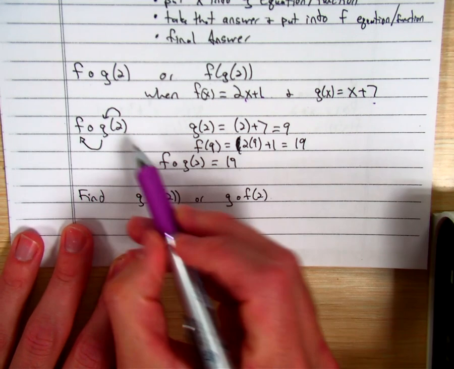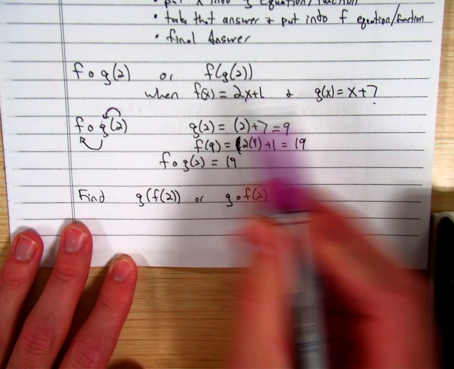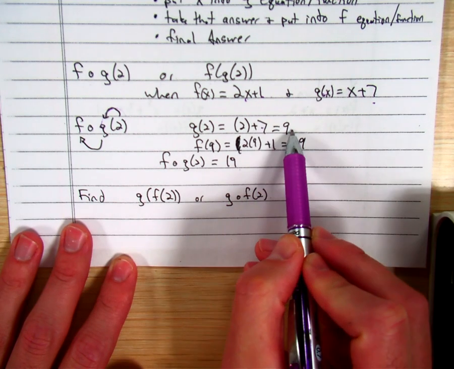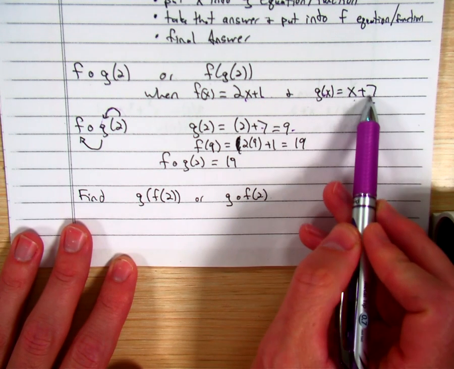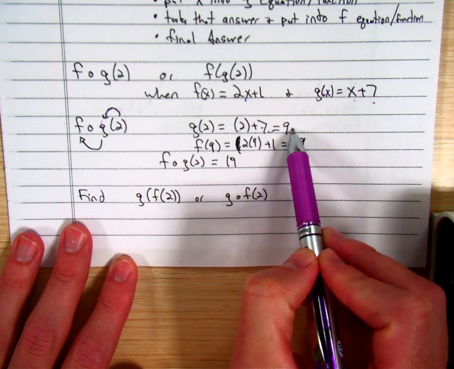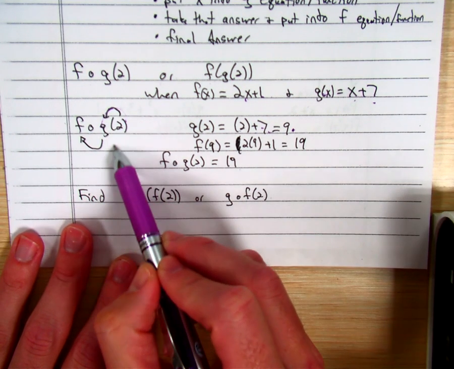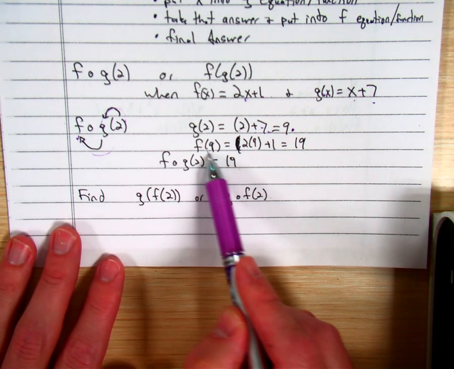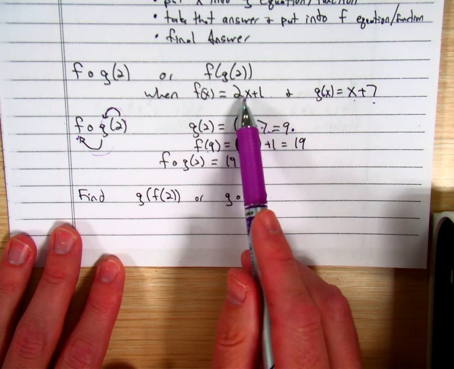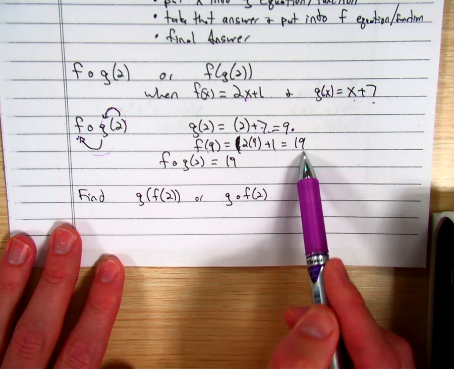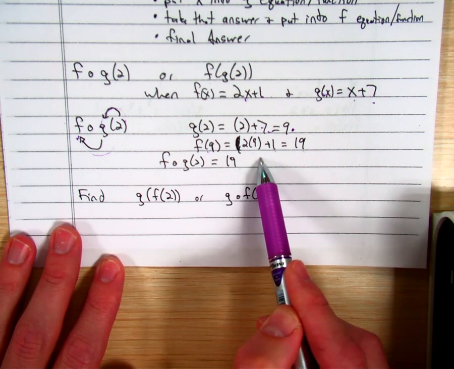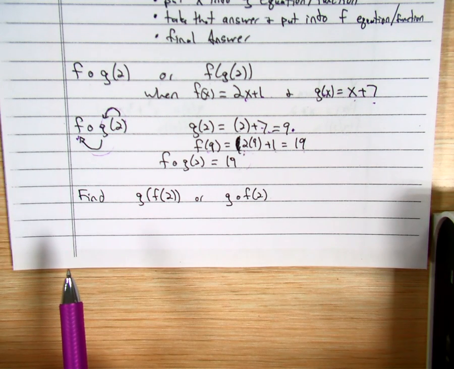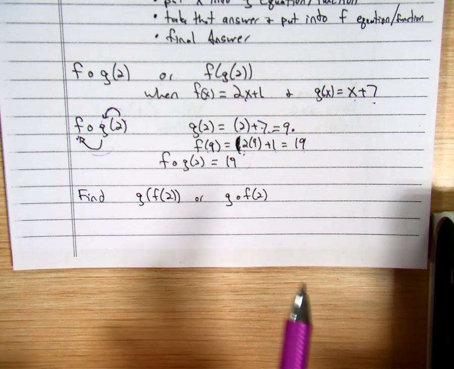We take that 2 and put it in the g equation. 2 plus 7 equals 9. Then we take that 9 and put it right in for f. F of 9 equals 2 times 9 plus 1, 18 plus 1, 19. Final answer, 19.